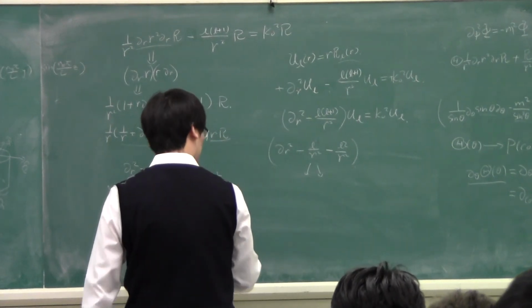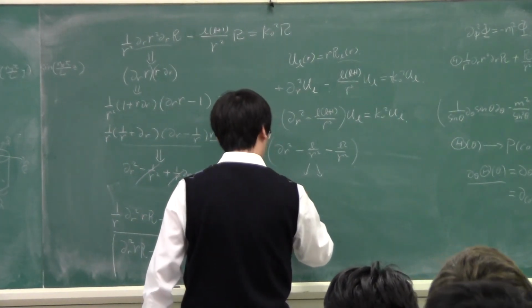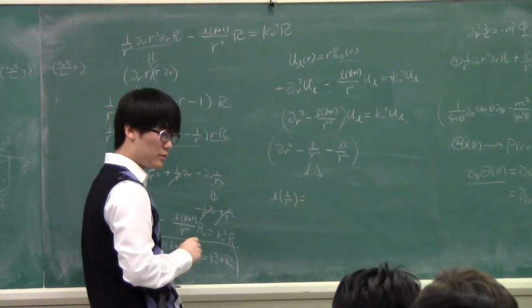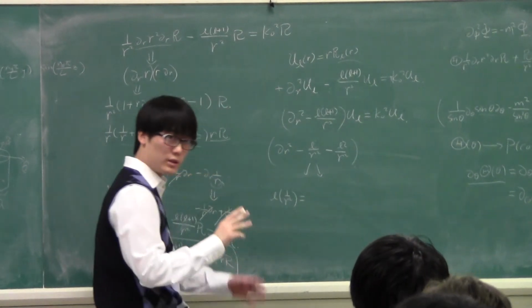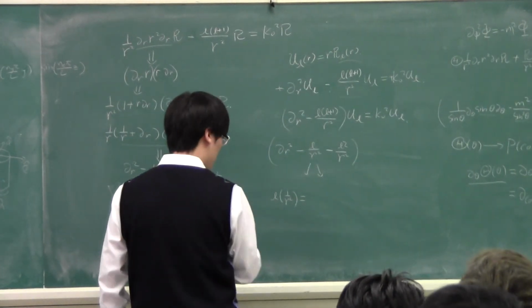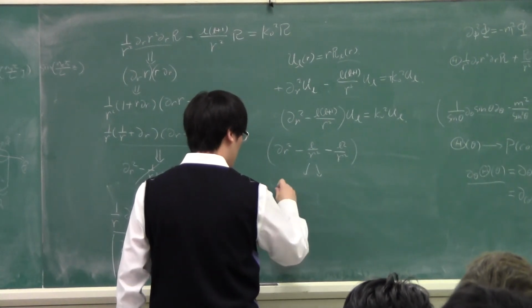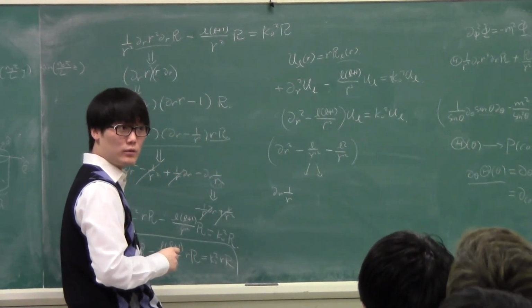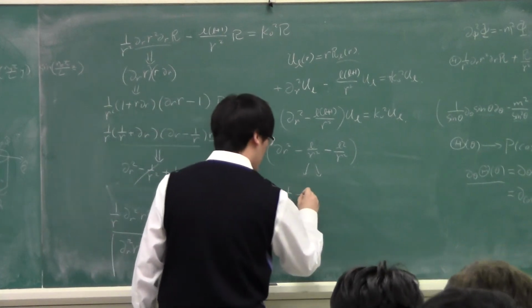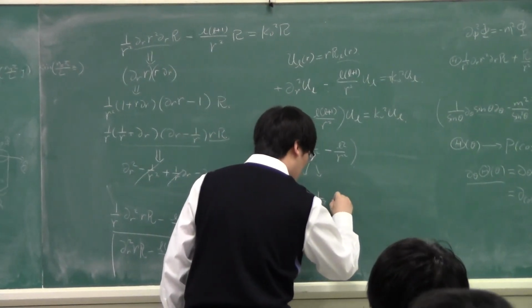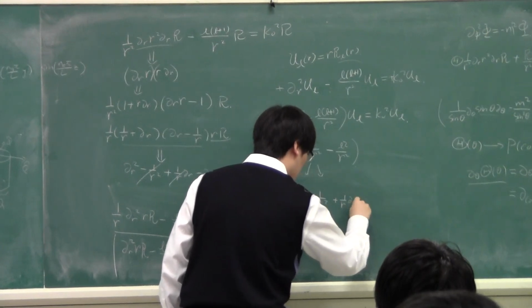So L times 1 over r squared is equal to, remember when we took d_r across 1 over r, we had a minus 1 over r squared term left over. This is minus 1 over r squared plus 1 over r d_r.